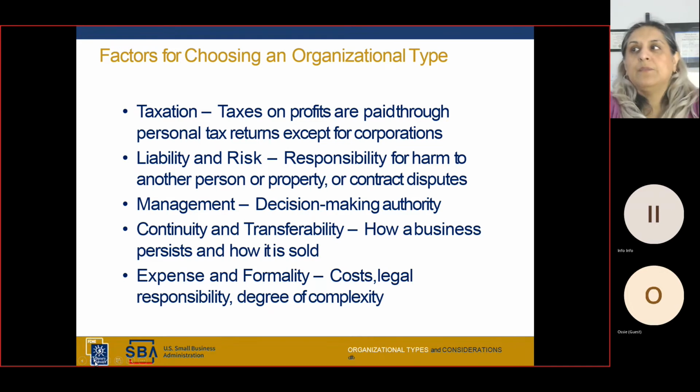So if you choose a sole proprietorship, a partnership, LLC, or the S Corporation, you file your taxes for that business on your own personal tax return. That's one of the things to consider when you're choosing what organizational type you want your business to be.